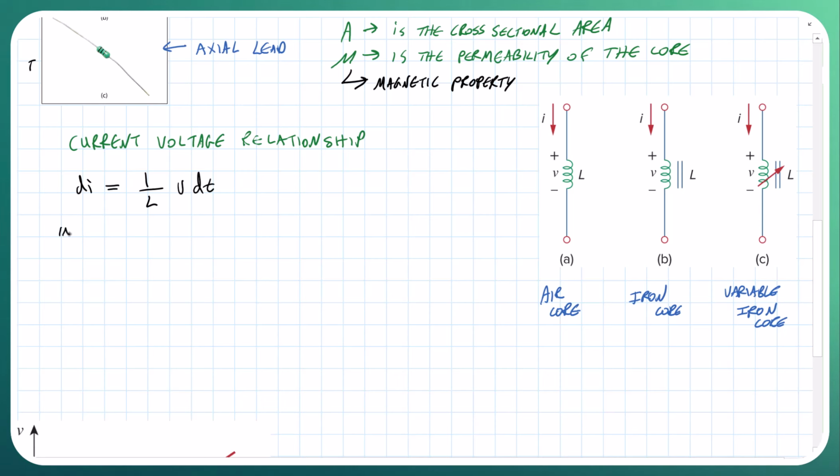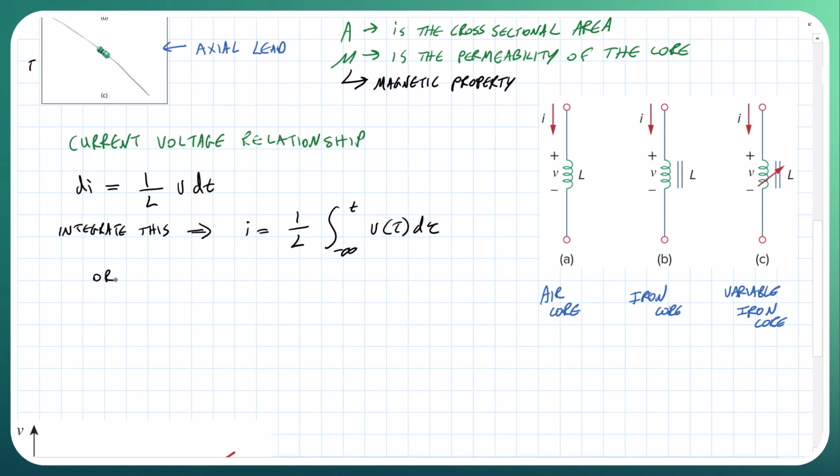We can integrate this, and this will give us current is equal to 1 over L integral from minus infinity to some time t of v(tau) d tau.